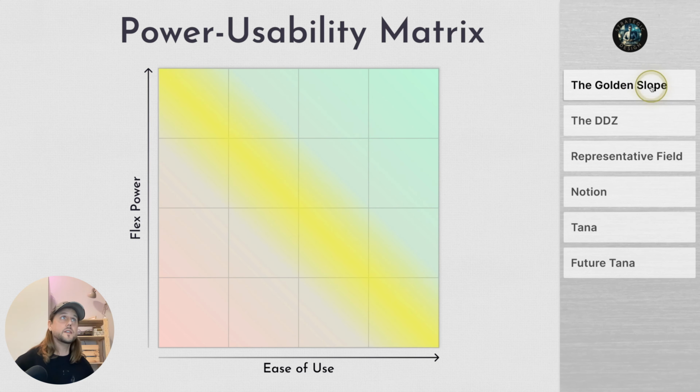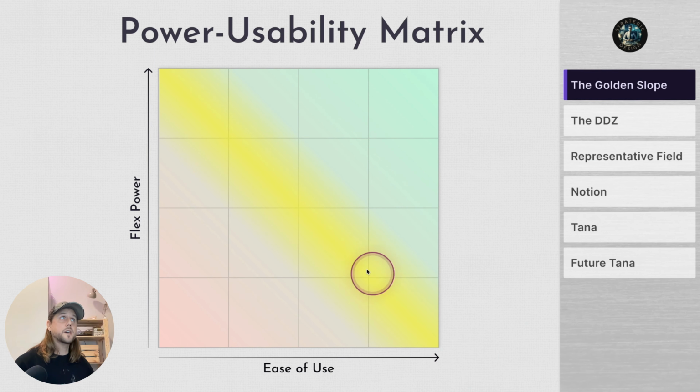What you end up getting, though, is the best products tend to be in this, what I call the golden slope. Why not here? Because everything has trade-offs. Typically, if you have something that has really high flex power, it's often not going to be the easiest to use because that much power in so many ways and configurations, it's just going to be really complex, no matter who designs it.